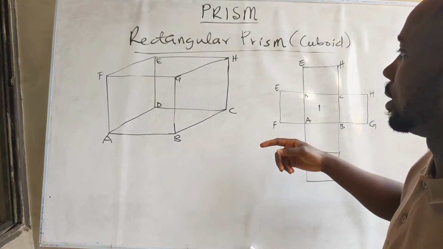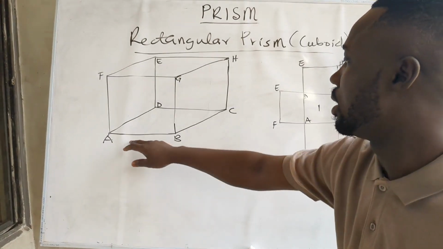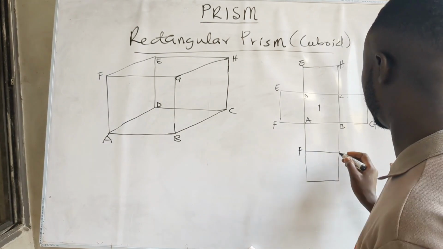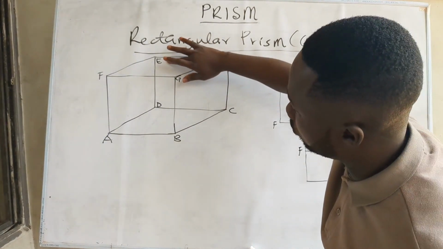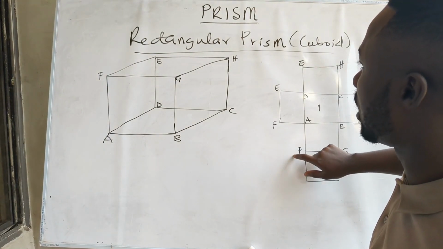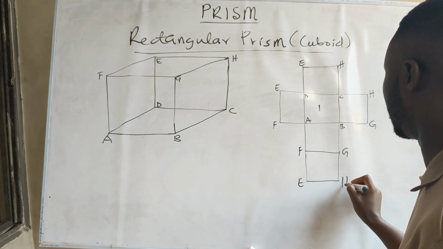That is this particular face: A, B, F, G. And the last one, you look at the top here. That is this particular face: F, G, E, H. So my E, H will come here.